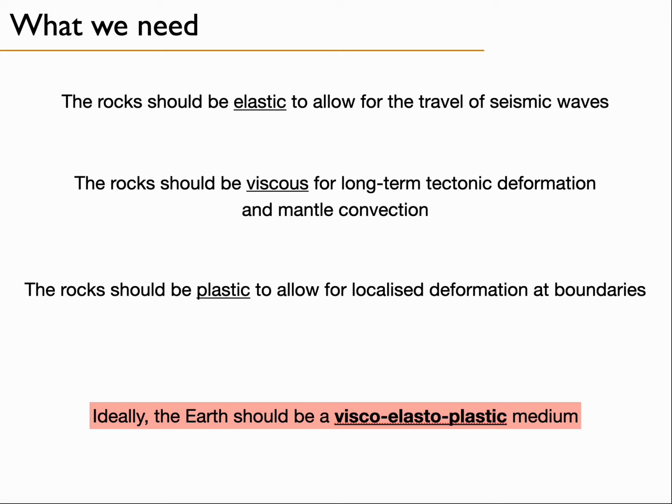The rock should be elastic to allow seismic waves to travel through the Earth, but the rock should also be viscous on the long term because we need to explain the deformation inside the continents and the deformation of the mantle, which is convecting below tectonic plates. And the rocks of the lithosphere should be plastic in order to promote localization of deformation at plate boundaries.